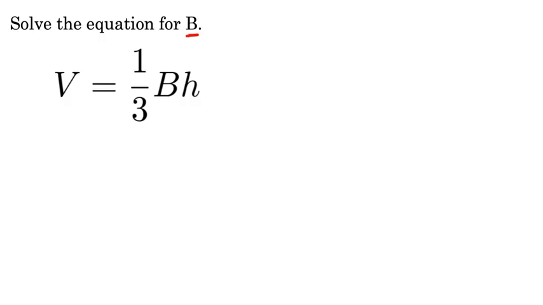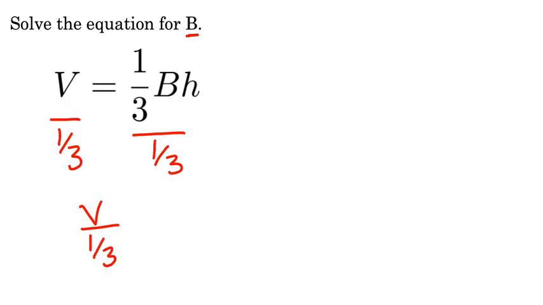Now, it is very tempting for us to just divide both sides by 1/3. Now, don't write this, just watch. And what we'd wind up with is v divided by 1/3 equals b times h. While mathematically we did not do anything wrong by dividing both sides by 1/3, we did create a complex fraction on the left side of the equation.